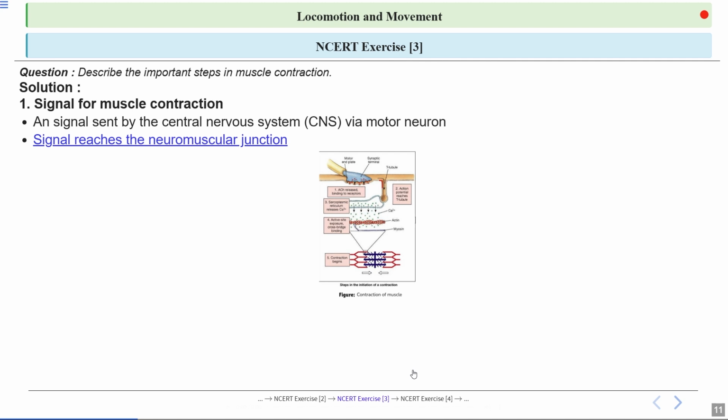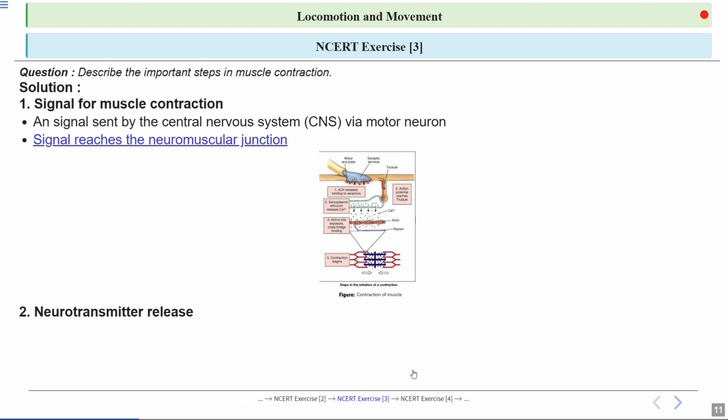This leads to active site exposure, and this leads to formation of the cross bridge. Okay, here actin and myosin filaments bind. Now these whole steps lead to contraction of the muscle. This is where contraction begins. So you have to remember this picture, which is showing contraction of muscle.